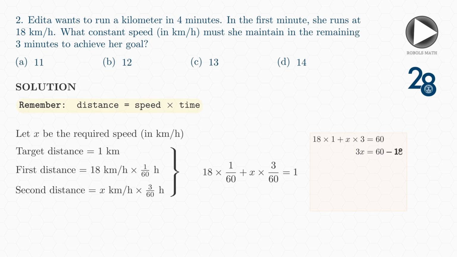Isolate the variable on one side by subtracting 18 from both sides. Then divide both sides by 3. Simplify to get that x is equal to 42 over 3, and that value is 14. So the speed that Edita must take for the rest of the time is 14 kilometers per hour.